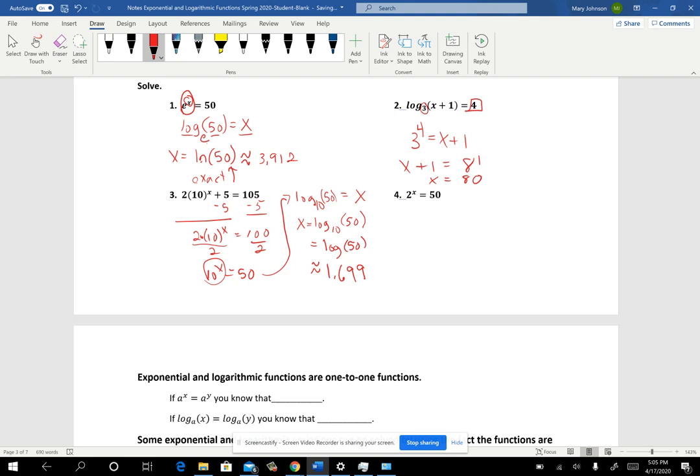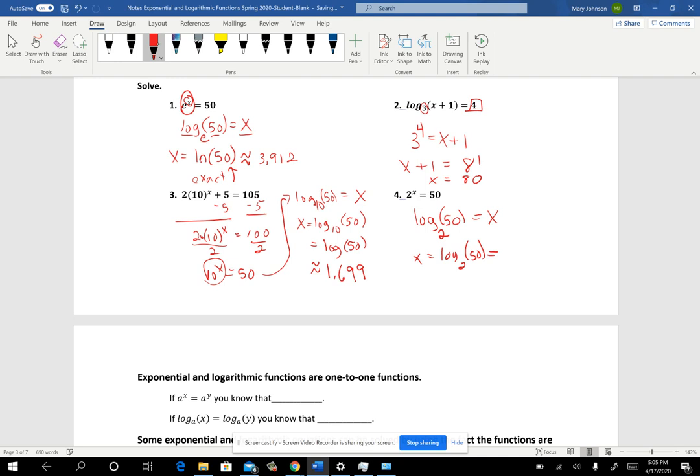Okay, here's the problem on this one. It's a base of 2. So if you try to switch to the log form, you'll have a base of 2, there's your exponent, and 50 would go here. So x would equal log base 2 of 50. But I'd be in trouble because I can't do base 2 on the calculator.